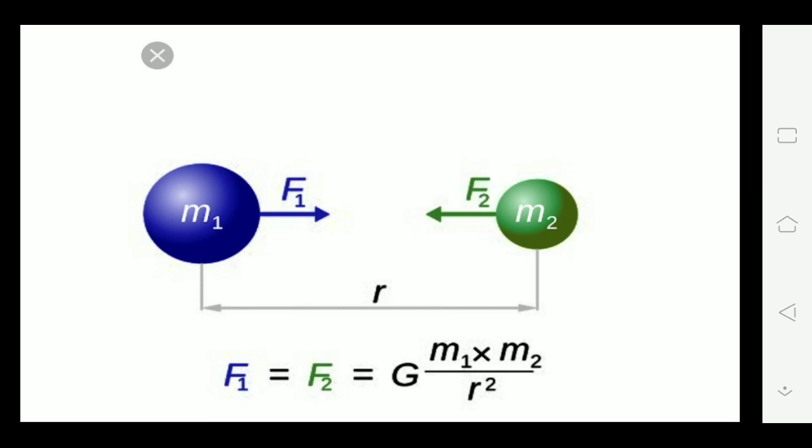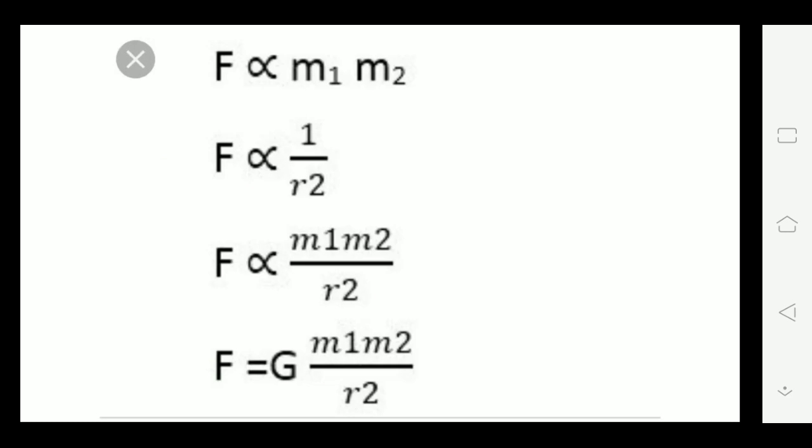According to this theory, force is directly proportional to the product of the masses of the two objects. So you can see the first equation, F proportional to m1 and m2. Second, it stated that the force is inversely proportional to the square of the distance between the two objects, that is F proportional to 1 upon d square or r square.